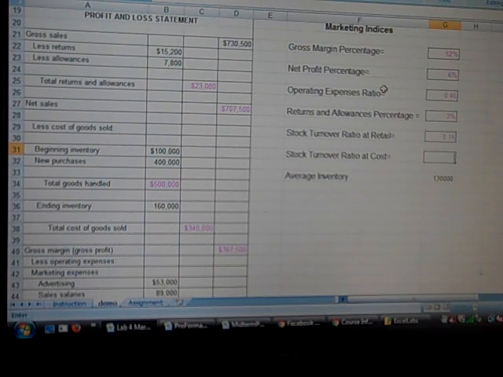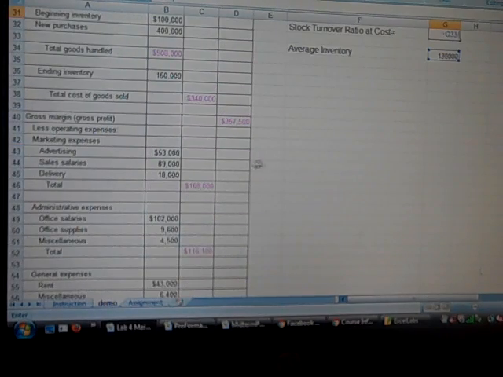And then stock turnover ratio at cost, you start with the average inventory again, and you divide by the net sales as well. Or I'm sorry, for this one, you divide by the cost of goods sold.